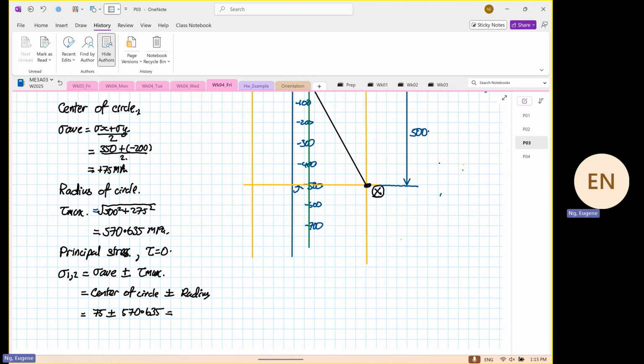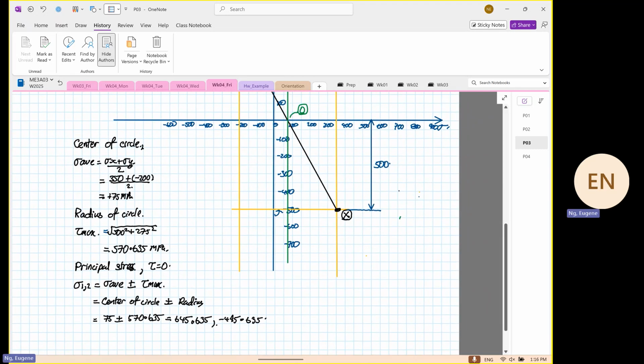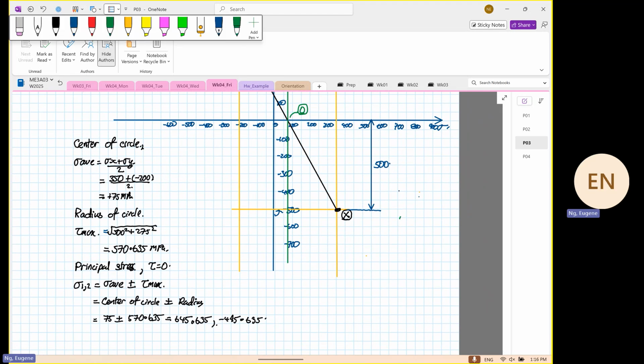Let me calculate again: 500 squared plus 275 squared, square root of the whole thing, 570. So 75 plus 570.635 is equal to positive 645.635. And the other one is 75 minus 570.635, which is equal to minus 495.635.